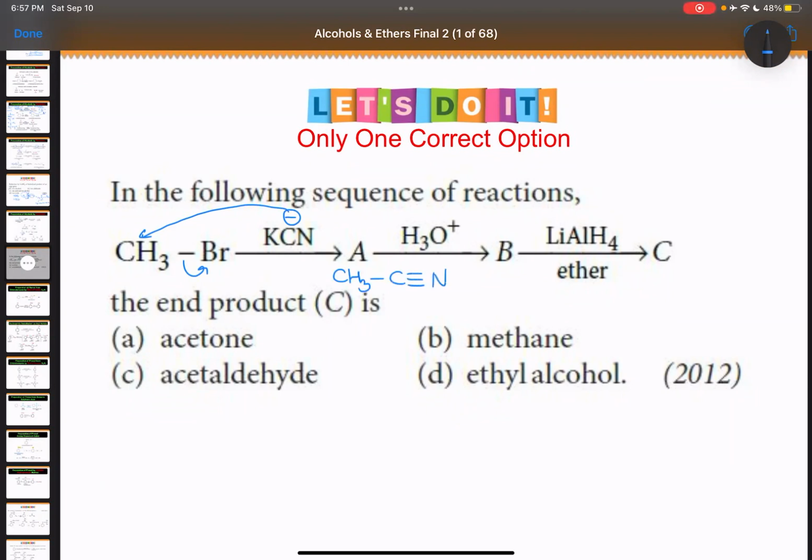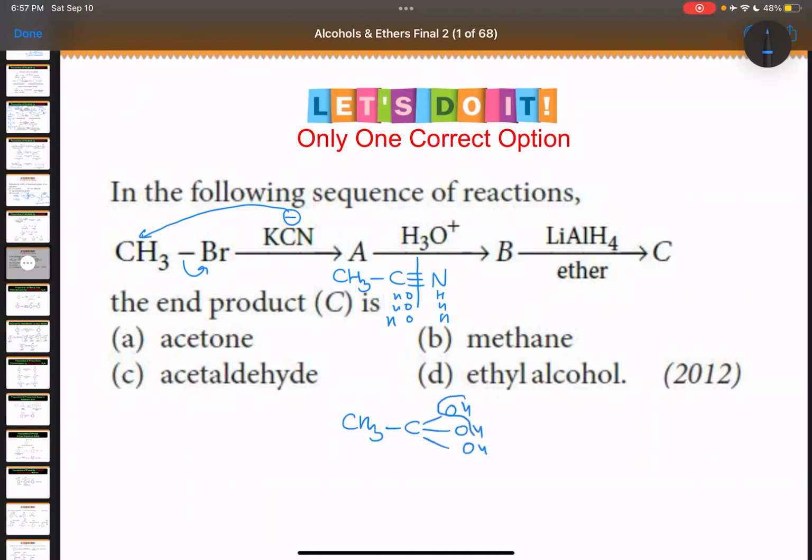And what are you going to get if you do the hydrolysis of CN? Just take water, put HOH, HOH, complete hydrolysis. This is the shortcut, not the mechanism. Do it like this, and you will have 3 OH groups.